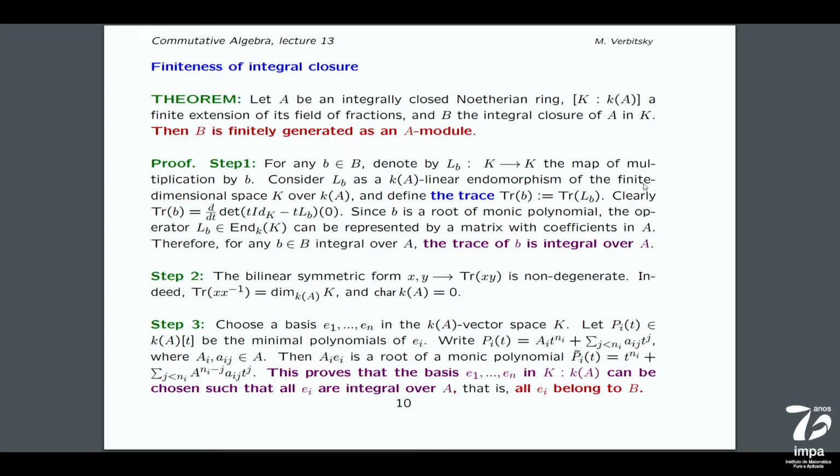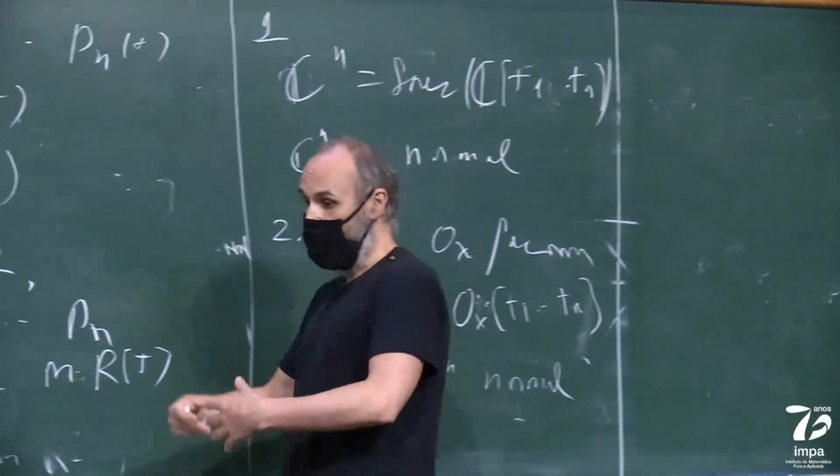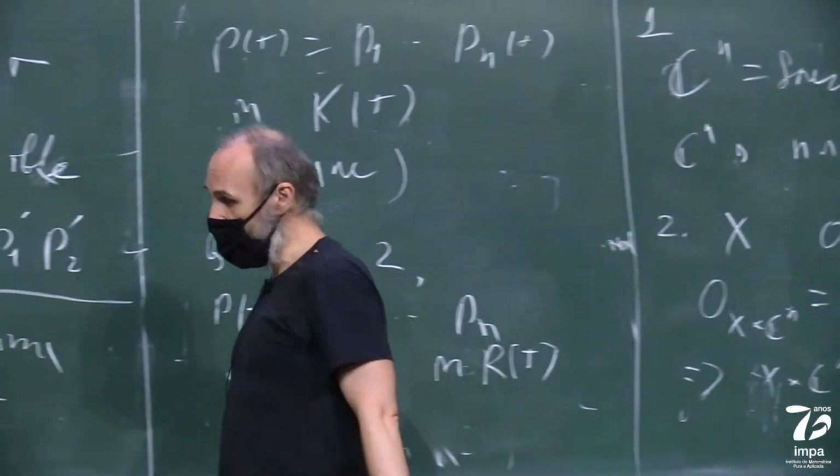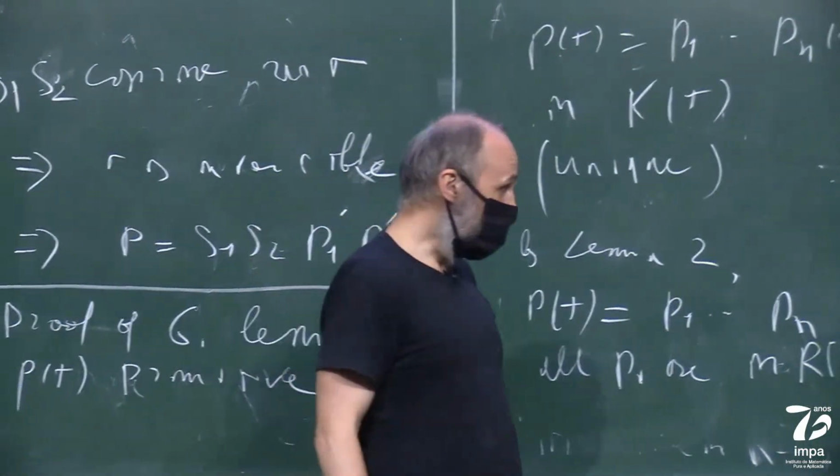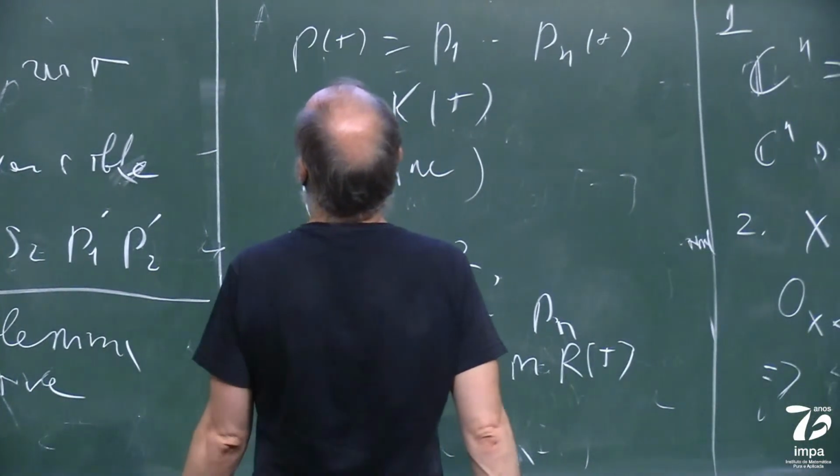So the aim is to prove that whenever you have a ring which is finitely generated, its integral closure is finitely generated. It's not obvious, but at least part of that can be done today.